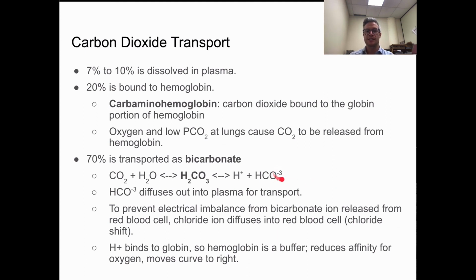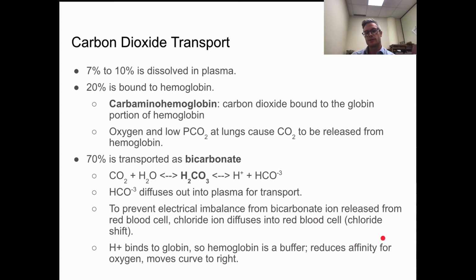However, because this has a fairly negative ionic charge and it leaves the red blood cell, that leaves the electrical gradient in the red blood cell askew. So what ends up happening is chloride comes in to fill for this negative charge in the red blood cell to maintain that balance.